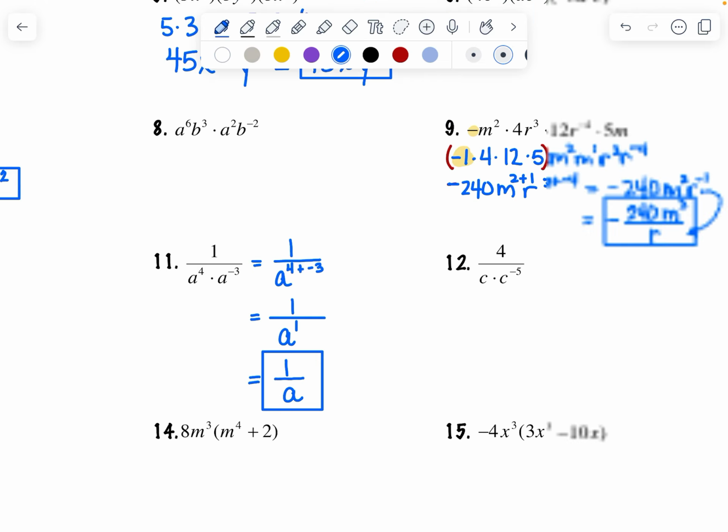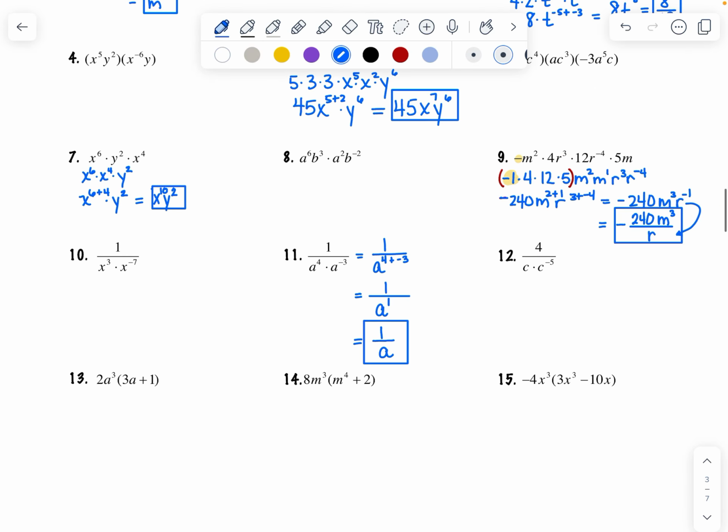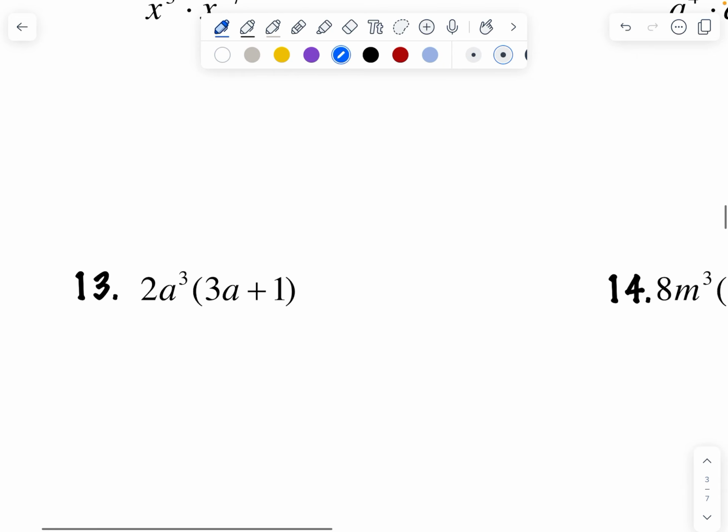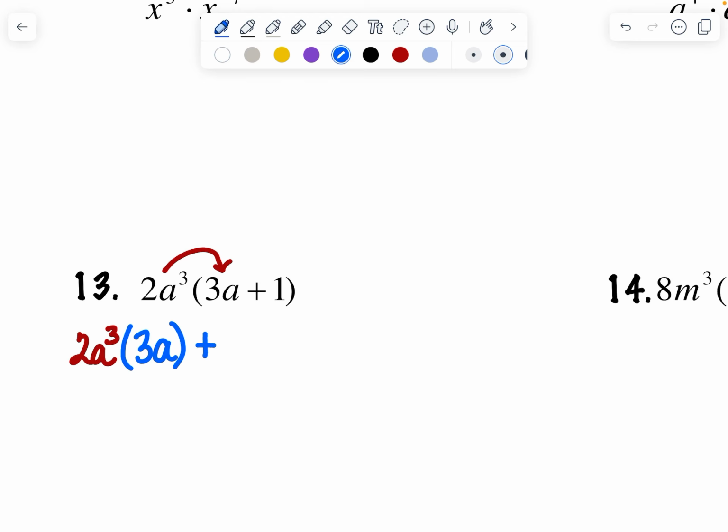So that is our answer here, 1 over a. Then for number 13, what we're going to be doing is we're actually going to be applying the distributive property. So remember that I'm going to use red the first time. So I'm going to multiply this 2a cubed by the 3a, plus, then I've got this 2a cubed, and we're going to multiply that times the 1.